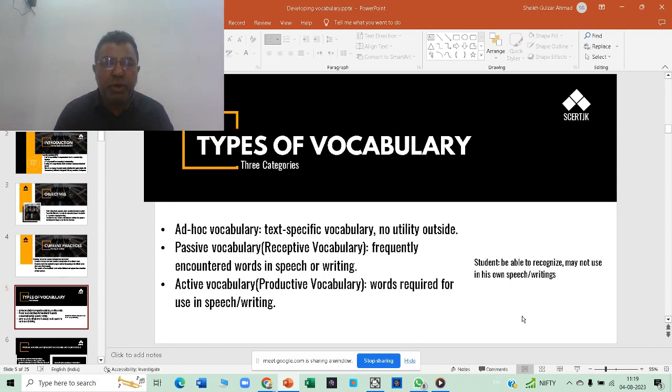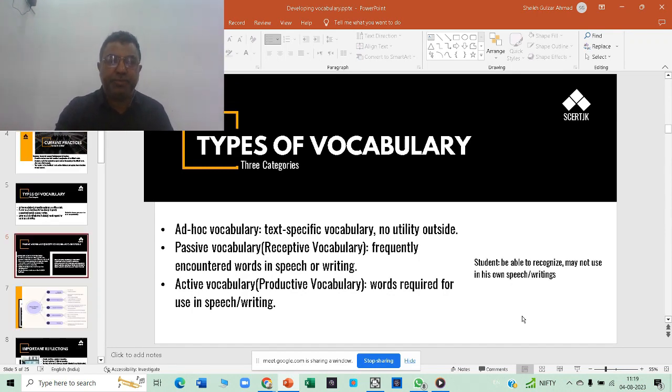Even at times, at an advanced level, our ad hoc vocabulary gets converted first to passive vocabulary, then it moves to our active vocabulary. So this is the process. This is what you read in black and white.